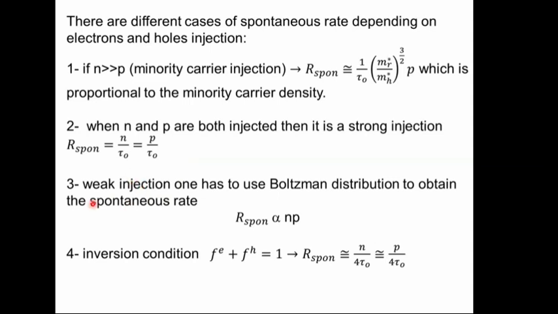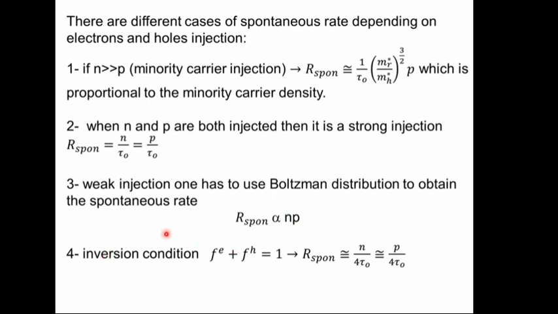If I'm talking about a weak injection, then in that case you have to use Boltzmann approximation. Hardly we use it, and the spontaneous rate will be proportional to NP. So in this course, I'm not going through the derivation of every one because you will not be responsible to derive.